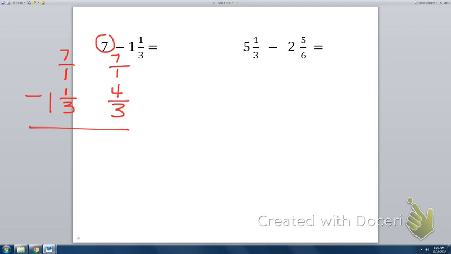Now you can see automatically I do not have a common denominator, and that means I have to find one. Obviously, 1 does not divide into 3 evenly, so that doesn't work. So basically, we're just going to use method number 2, multiply the denominators, 3 times 1, and we'll get 3, and we'll make the conversion.